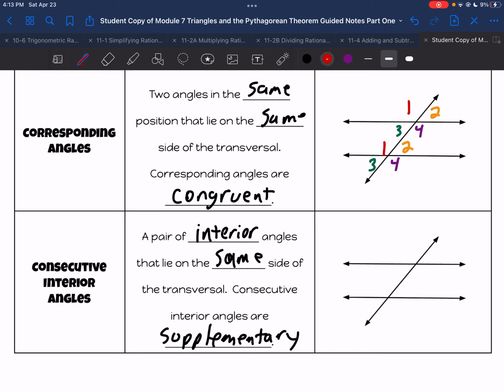Okay, so supplementary angles, they are these two angles and these two angles. Those two angles will add up to 180 degrees on the left side and on the right side. So you've got one angle that is narrow, one angle that is wider. Those two add up to 180 degrees.